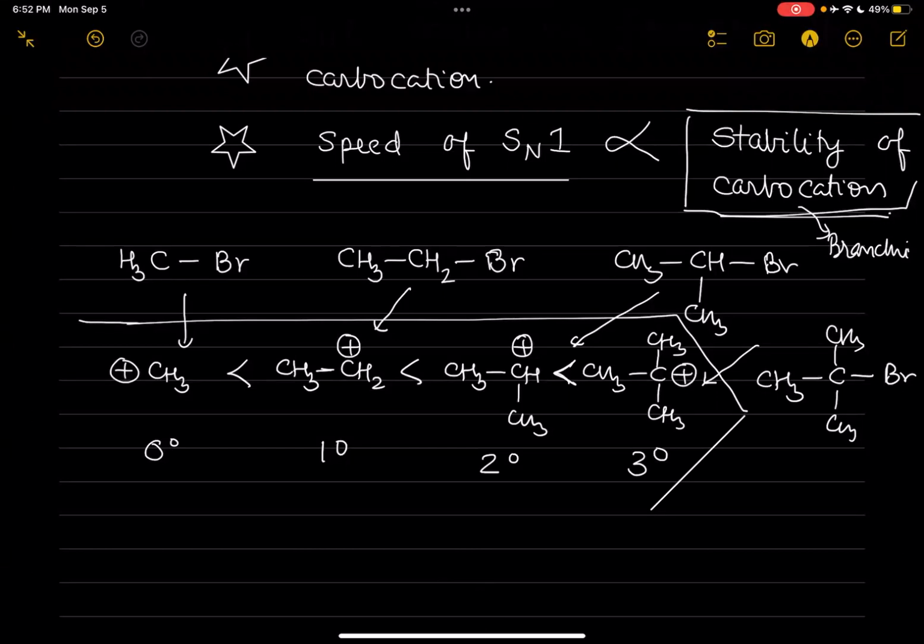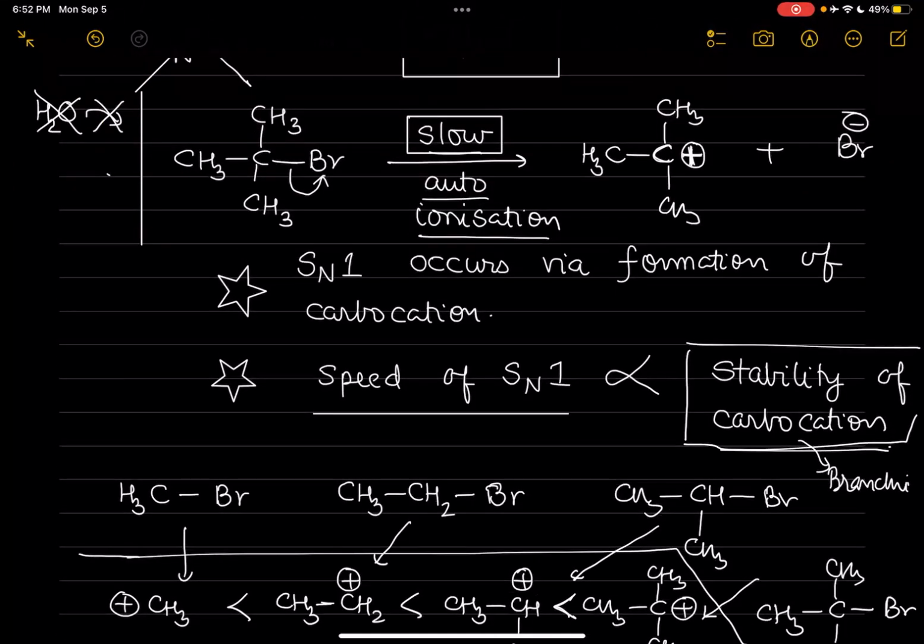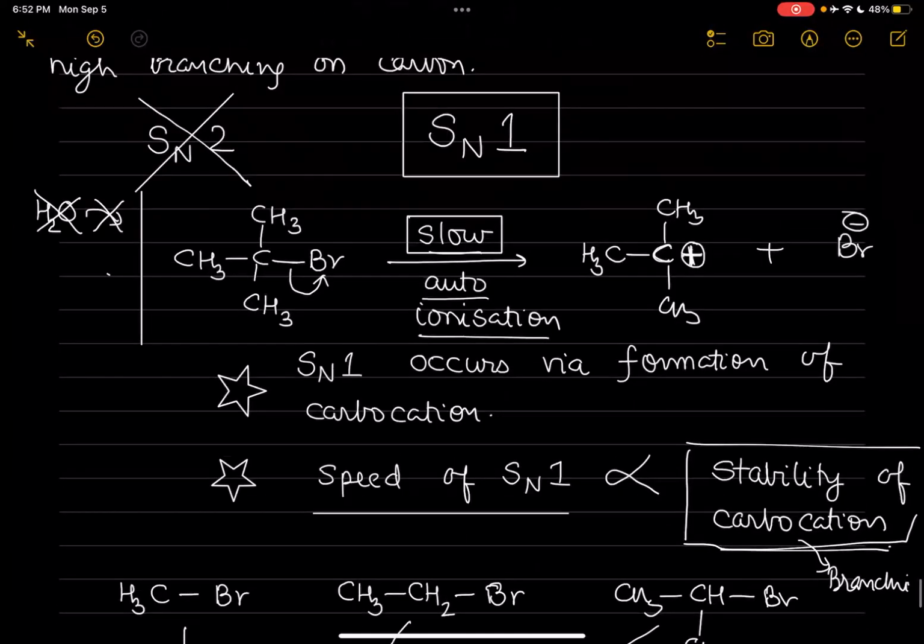Usually the SN1 reaction is a slow reaction, right? We expected it to be slow, but the reality is it can be very fast also. What you thought is correct. It appears to be slow, but it is not slow. Sometimes it can be fast. So what makes it slow? What makes it fast? You need to understand the real thing. This step is the most crucial step.